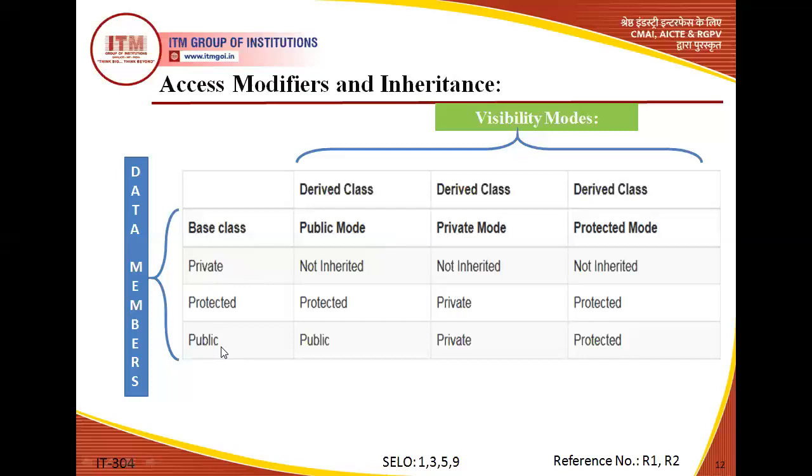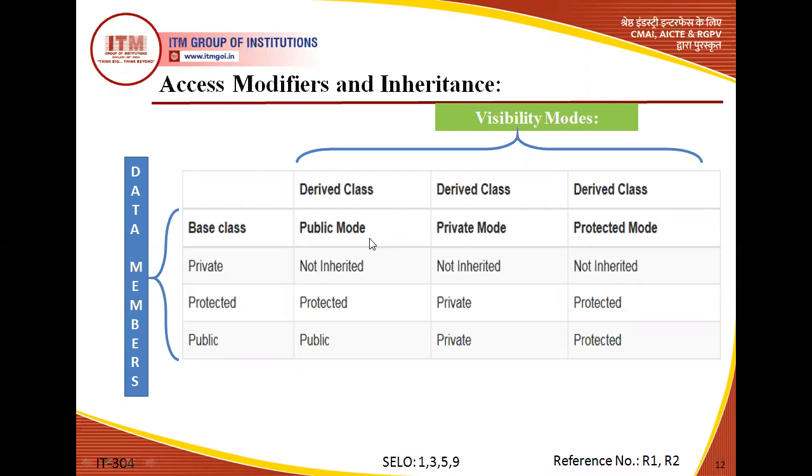Now let us understand the concept. During inheritance, if you are going to inherit your private data member in public mode, then it will not get inherited. I am just repeating the things again.